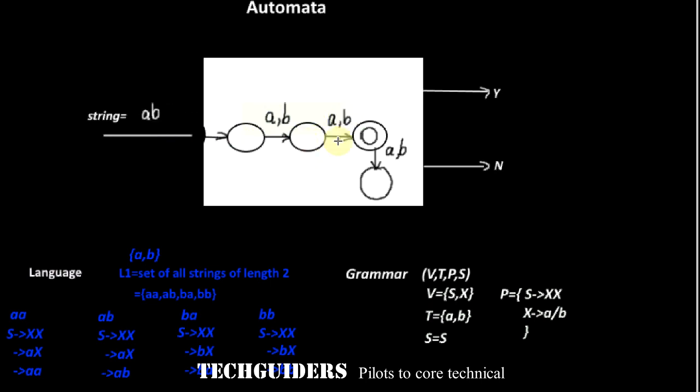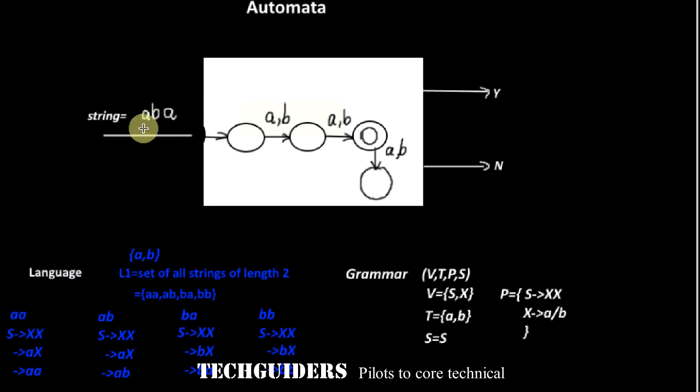The next symbol is B. For B, it will make transition to this state. After reading the entire string, automata ends up in this state, and this is an accepting state or final state, which is represented by this double circle. So it means the string AB is accepted.